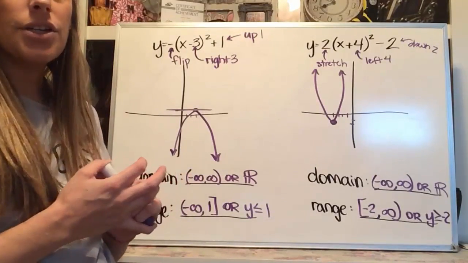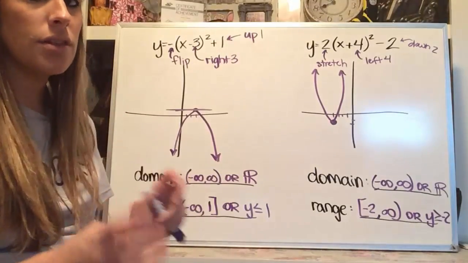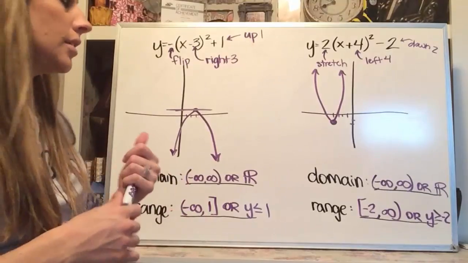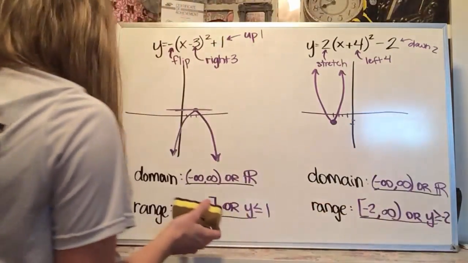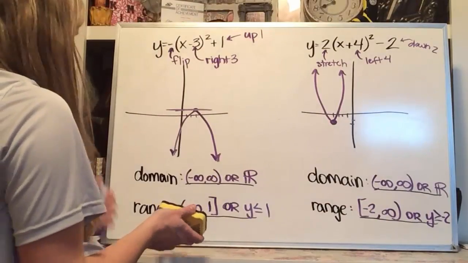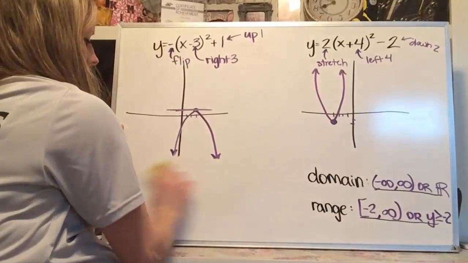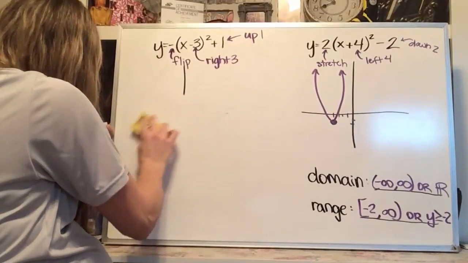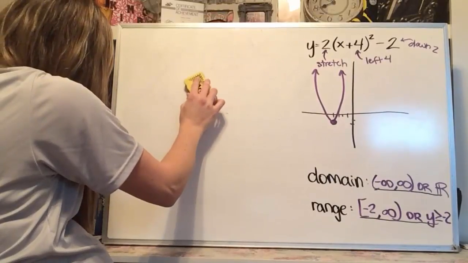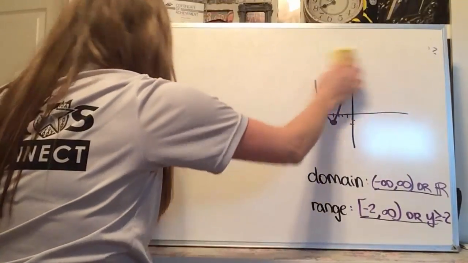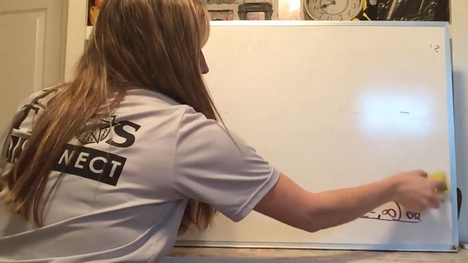Okay, the next thing we're going to do is write equations for quadratics based on the translations they give us. Okay, so let's look at that. Let's start at that first example. Okay, and on the first example, it says that it's shifted 3 units left and 6 units down.